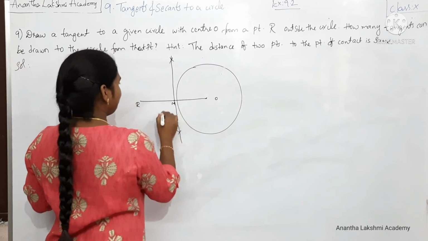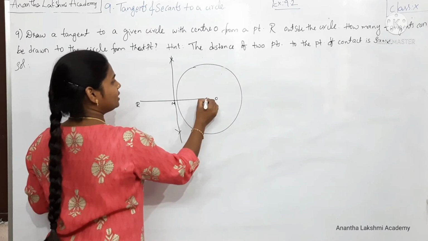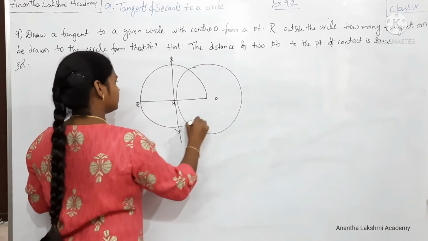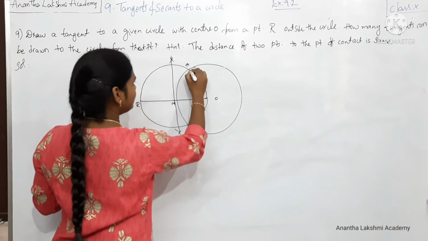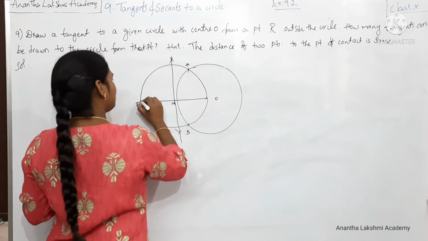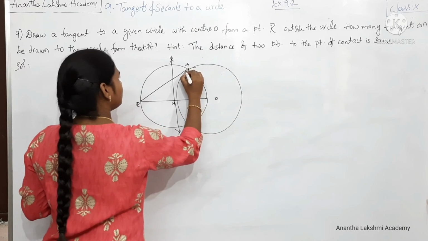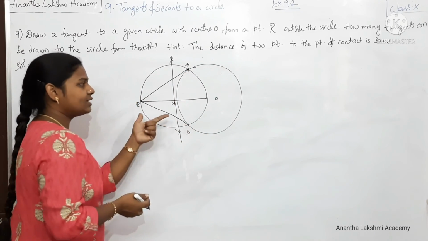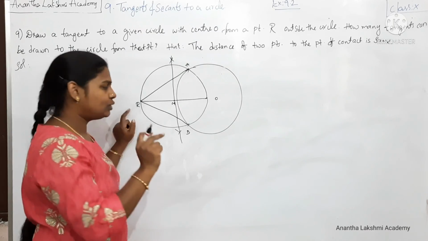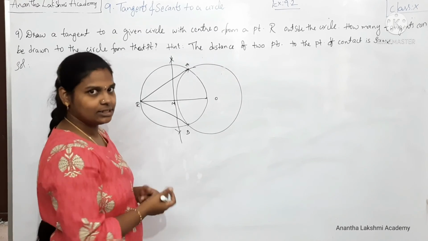Name this as M, and with RM or MO as radius, construct a circle which cuts the existing circle at 2 different points. The same process. Join RA, RB. How many tangents were you able to draw? 2 tangents from a point external to it.